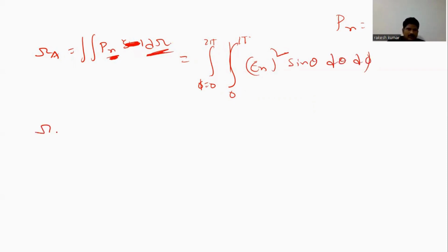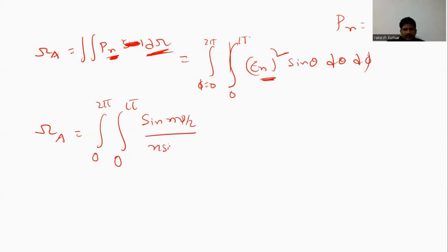Therefore sigma A is equal to the double integral of the square of sine N psi by 2 by N sine psi by 2, into sine theta d theta d phi.